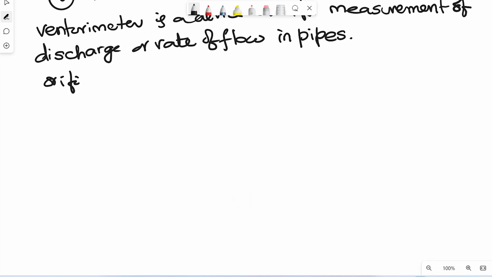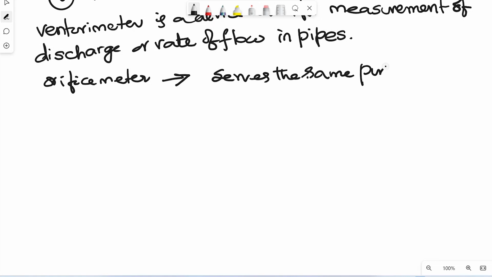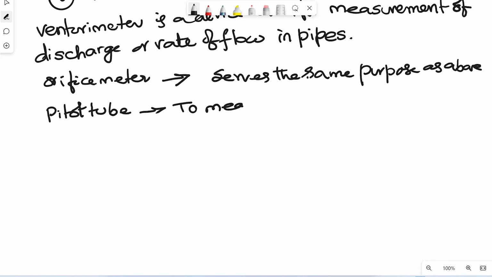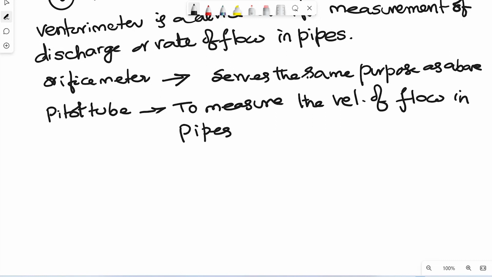Orifice meter also serves the same purpose, whereas the pitot tube is used to measure the velocity of flow in pipes and open channels.